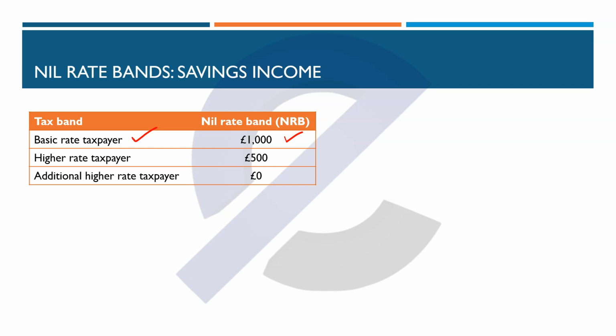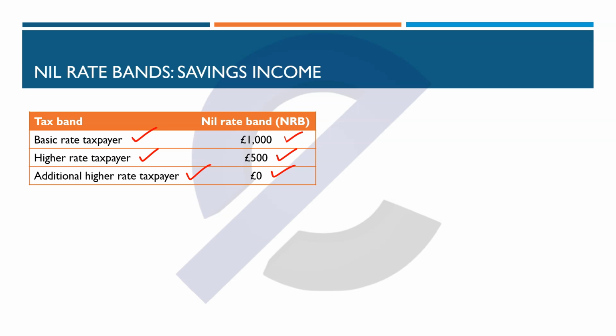This means that no tax will be applicable on the first £1,000 of saving income for the taxpayer in the current tax year. If, however, the total taxable income of the taxpayer falls in the higher rate band, then a nil rate band of £500 is available on the savings income, which means no tax will be applicable on the first £500 of saving income, regardless of the band these £500 actually fall into. There is no savings income nil rate band available if the taxpayer is an additional higher rate taxpayer.